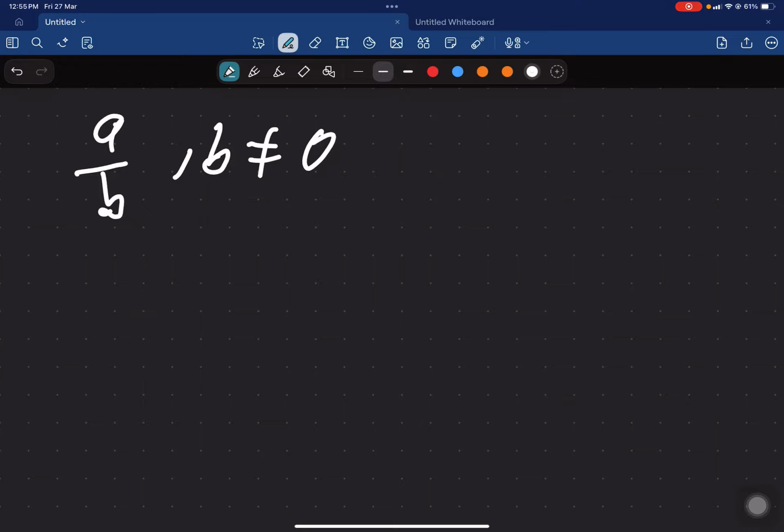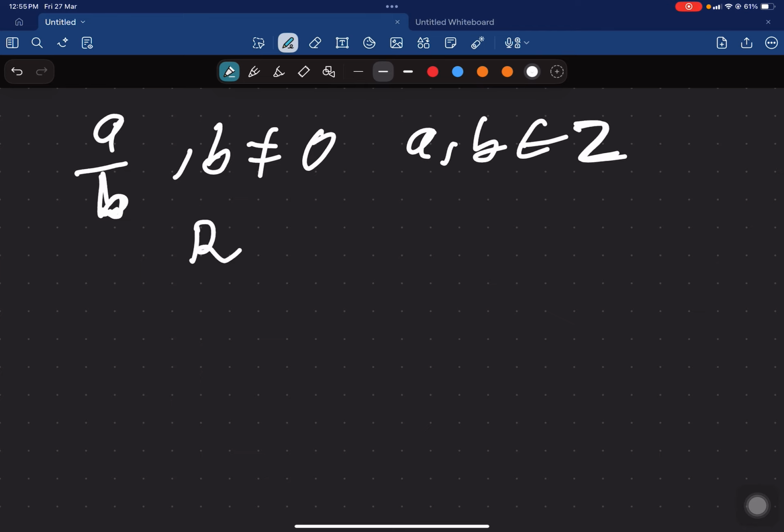Now the first one we can talk about is the closure property of addition on the set of rational numbers. So a, b belong to the set of integers.